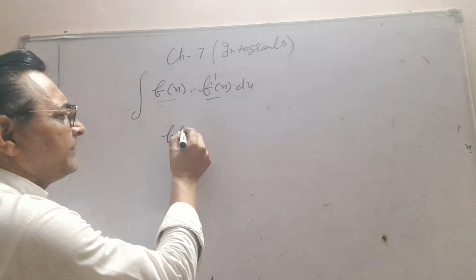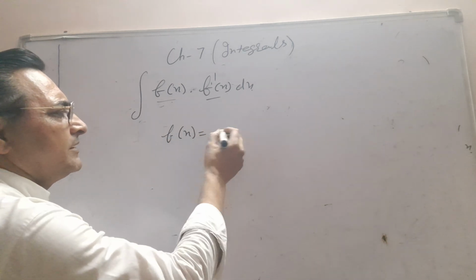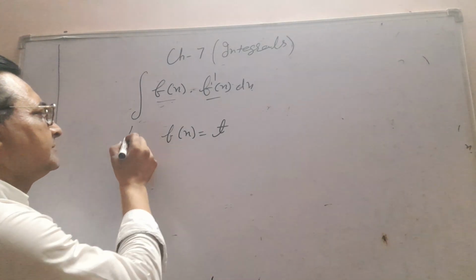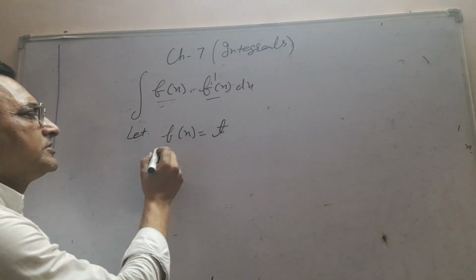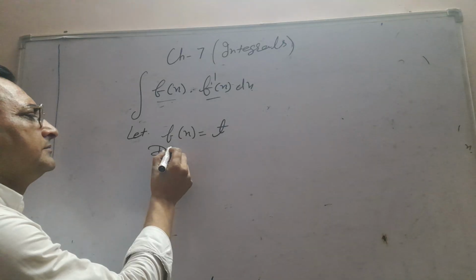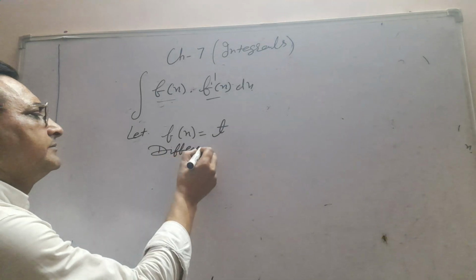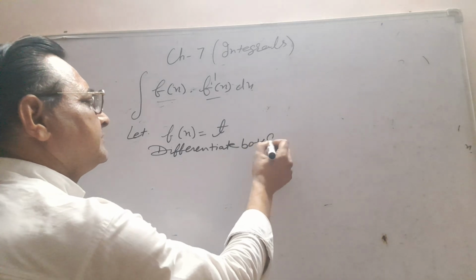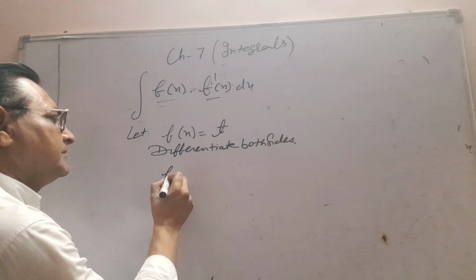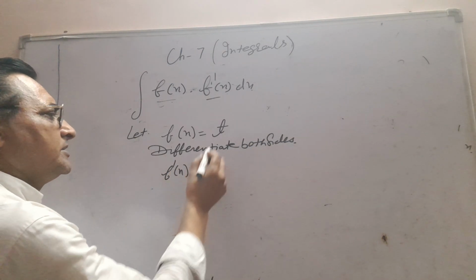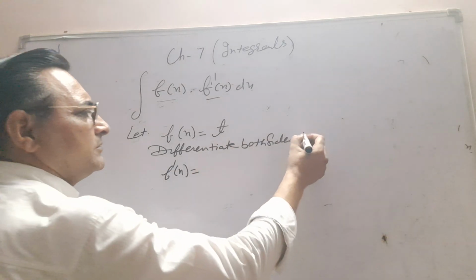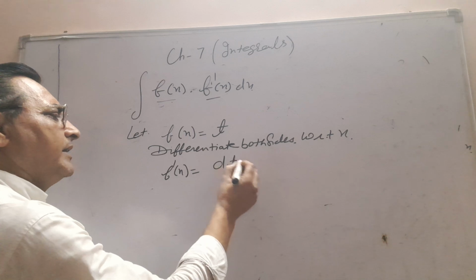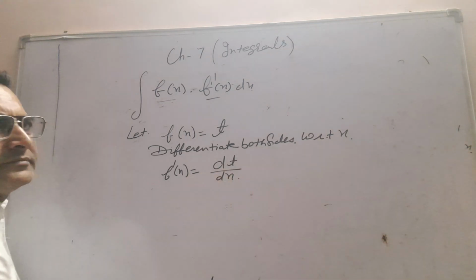If there is a function and its derivative, I put this f(x) as another variable t. Then I differentiate both sides. What I will get: f dash x is equal to, when we differentiate with respect to x, dt by dx.